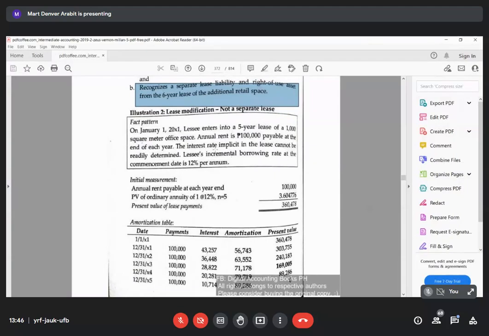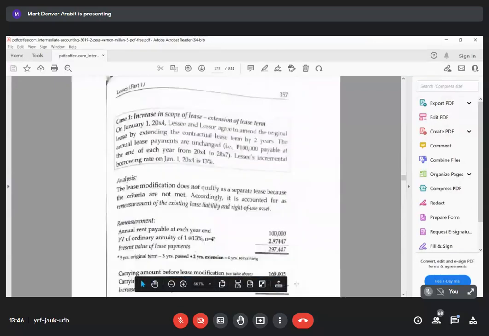So the incremental borrowing rate was used, which is 12% per annum. So this is the computation, and this is our amortization table. And there is an increase in scope of lease and there is also an extension of lease term.